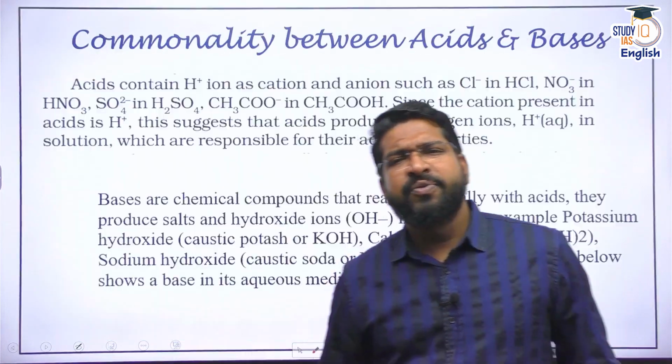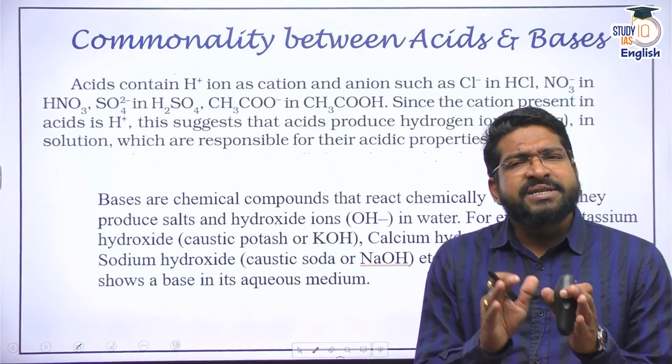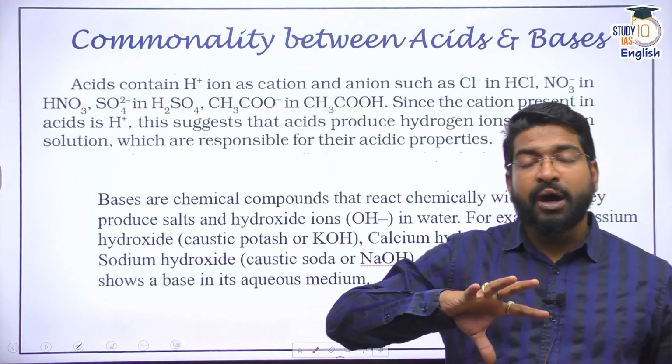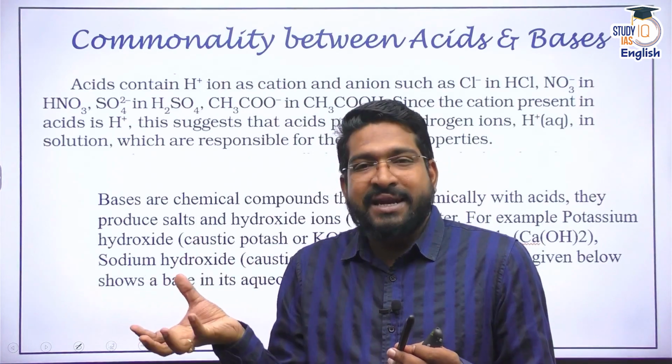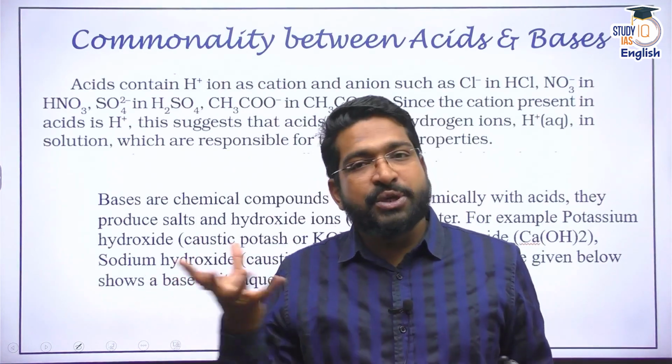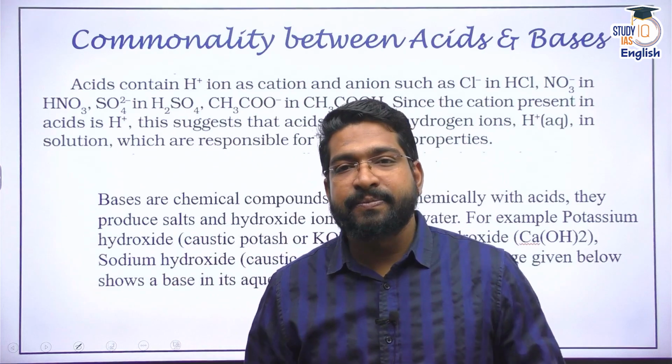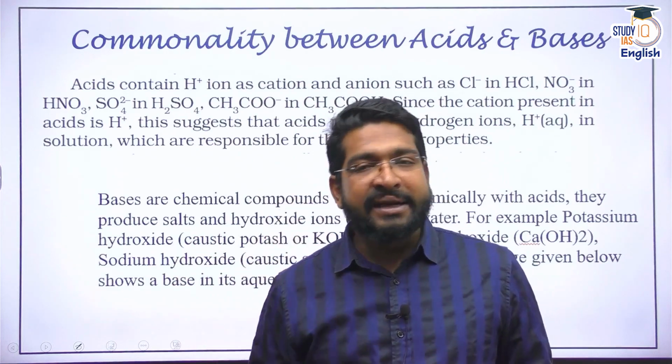Now, what do we have in common between these acids and bases, or how can we define them? How do I understand what strength an acid has or what strength a base has? What is the concentration of acid and base? We need to understand the commonality among them.